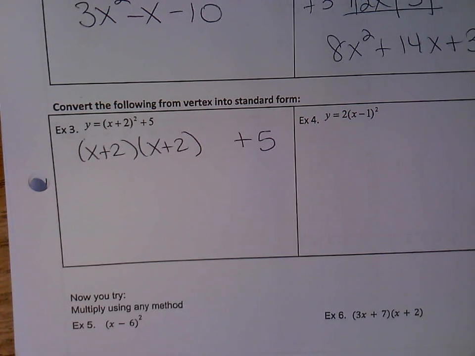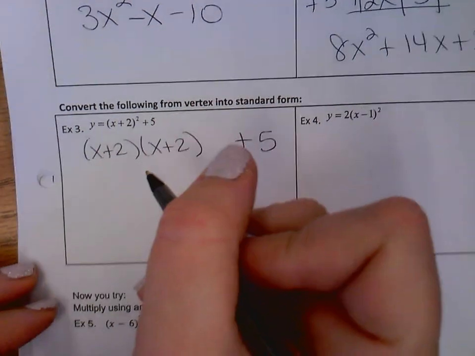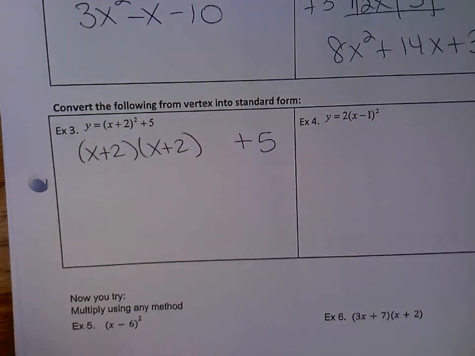So now go ahead and multiply that. Either use the box or use FOIL and tell me what you would get at this step. And then we're just going to add 5 at the end. So do your box or do your FOIL. I'm just going to do FOIL in a minute, but I'll give you a chance to try it first.